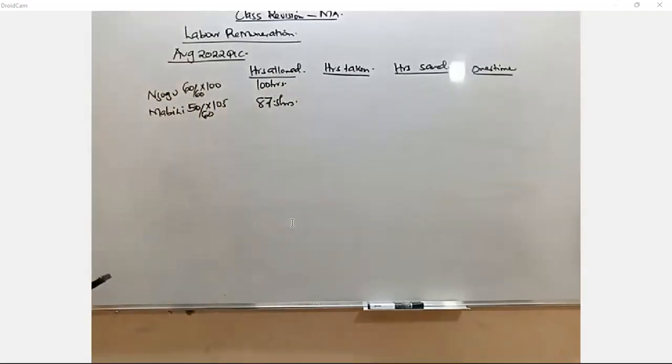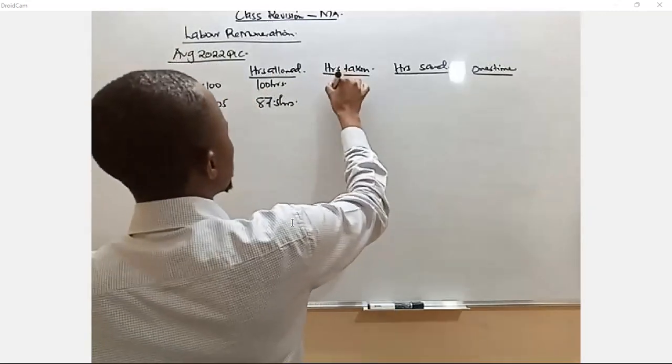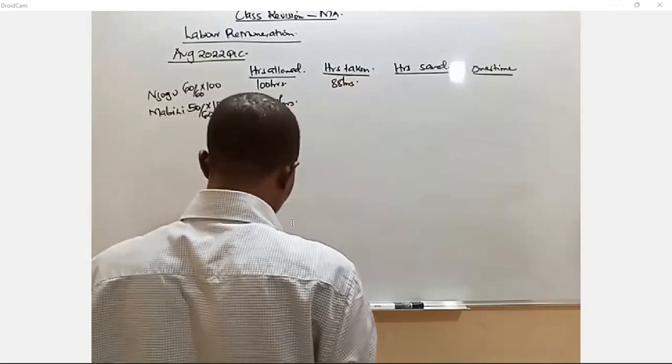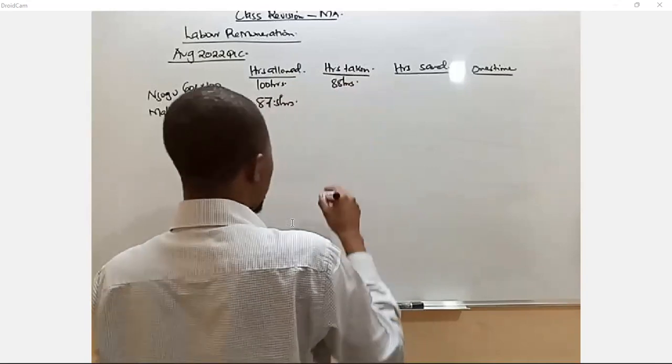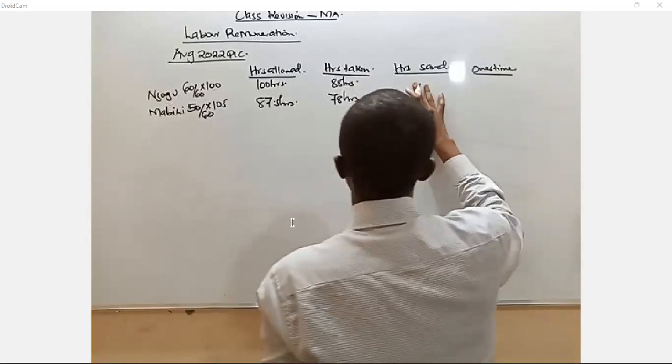When you look on the question itself, in note number 4, we are being told Jogu completed his job in 88 hours, correct? So here we are talking about 88 hours. Then you're also being told while Mabili completed the job in 78 hours. Correct. So what is the hours saved?